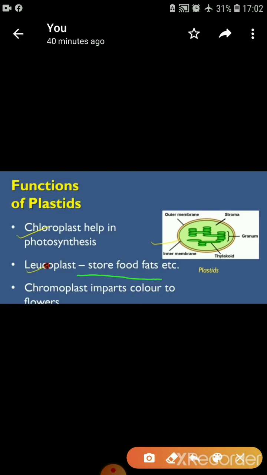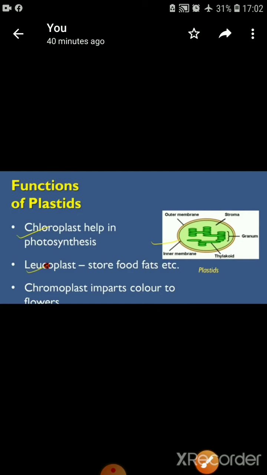Already we talked about plastids being present only in plants, right? And plastids are of three types: chloroplast, leucoplast and chromoplast. Chloroplast has chlorophyll, which helps plants in the process of photosynthesis. For this reason, these are called the kitchen of the cell.